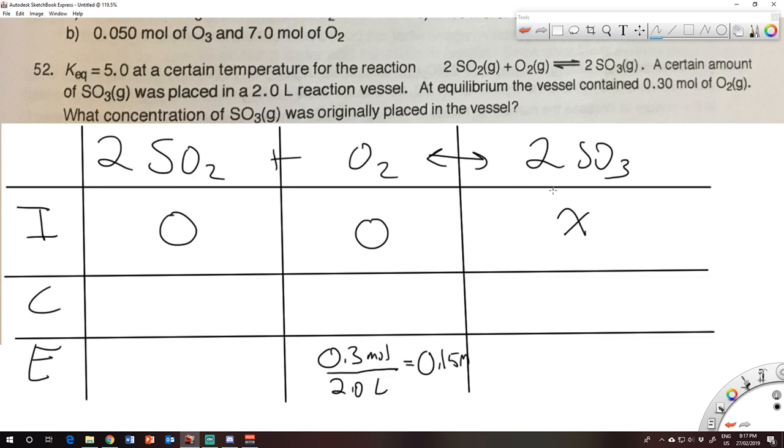The only way this reaction can go is backwards, so the SO3 would have to get used up. We'll call that 2y because of the coefficient. The SO2 will increase by 2y, and the O2 will increase by y.